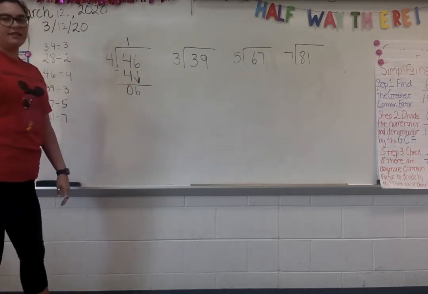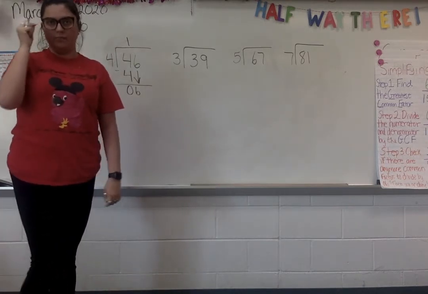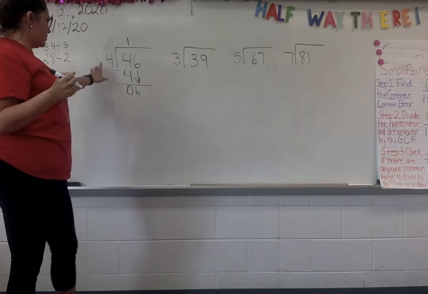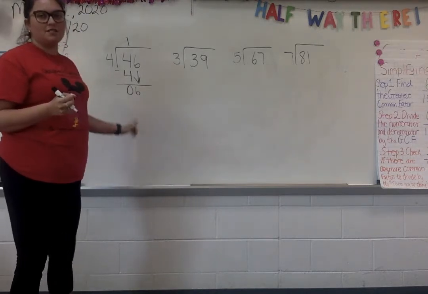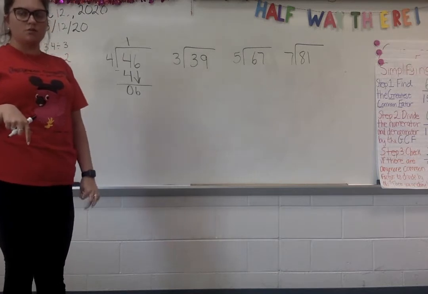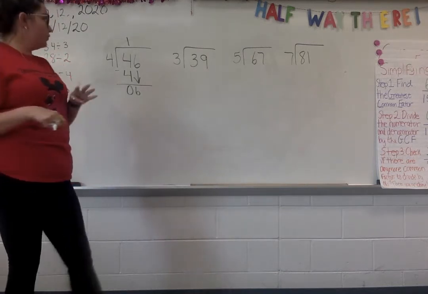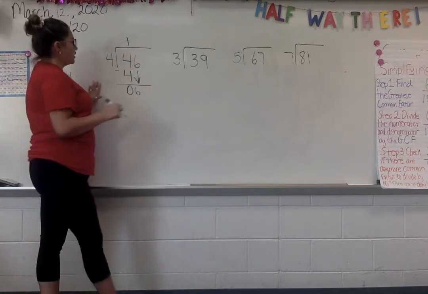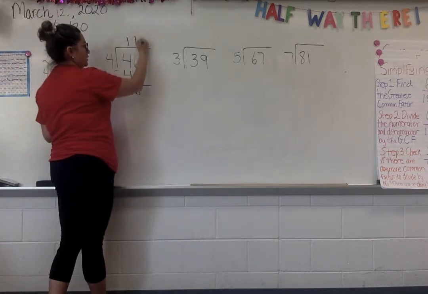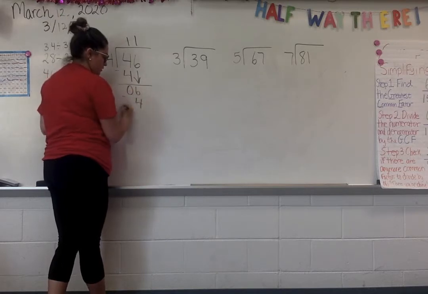So let's think. Is there anything we can multiply times 4 that will give us 6? No, right? Is there something we can multiply times 4 that will give us something close to 6 but less than 6? So remember, close and less should be 4, right? So we're going to put a 1 here again because 1 times 4 will give us 4.